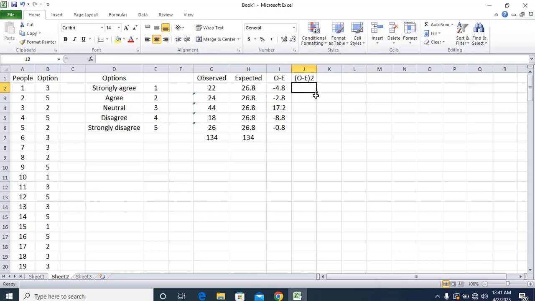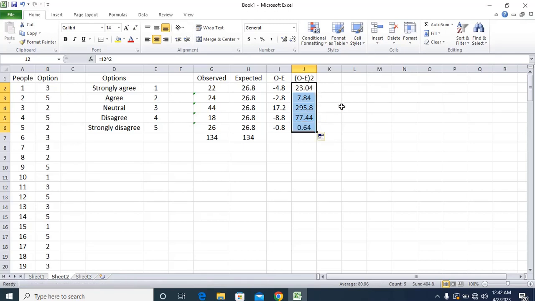The O minus E whole square should be equal to this O minus E, and you put this function and then square. The square of 4.8 is 23 point something. Similarly, the square of minus 2.8, and the square of 17.2 is 295, and similarly for the others.